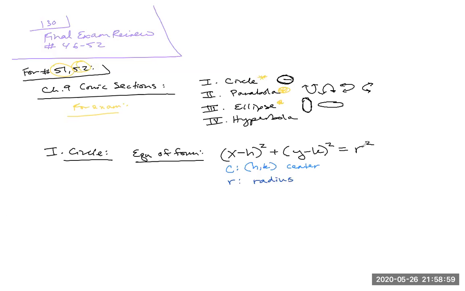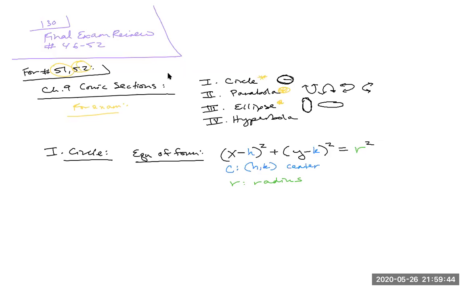Be careful because it's r squared on this side here. Let's color code a little bit, and make the radius a different color. Note here, you have r squared.